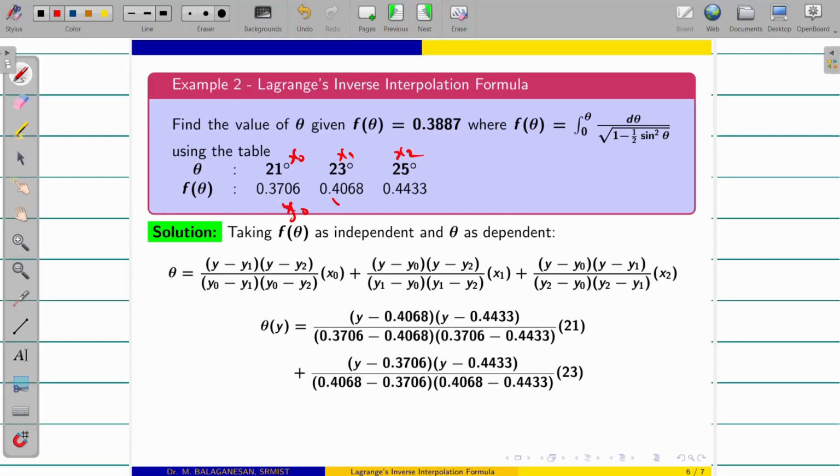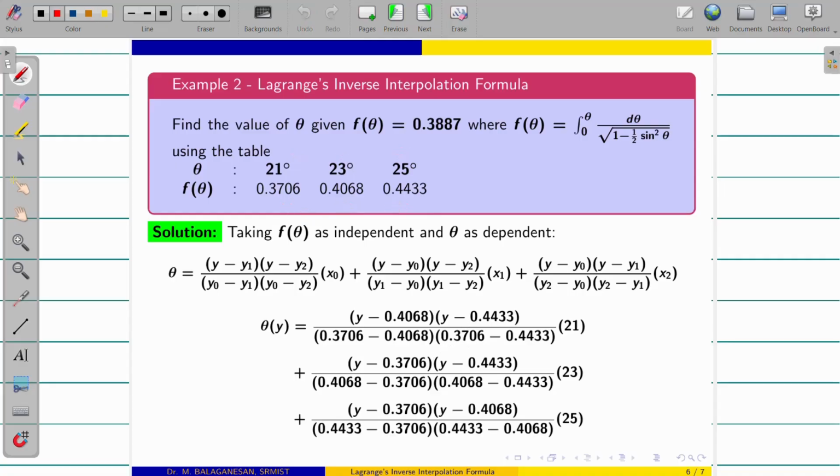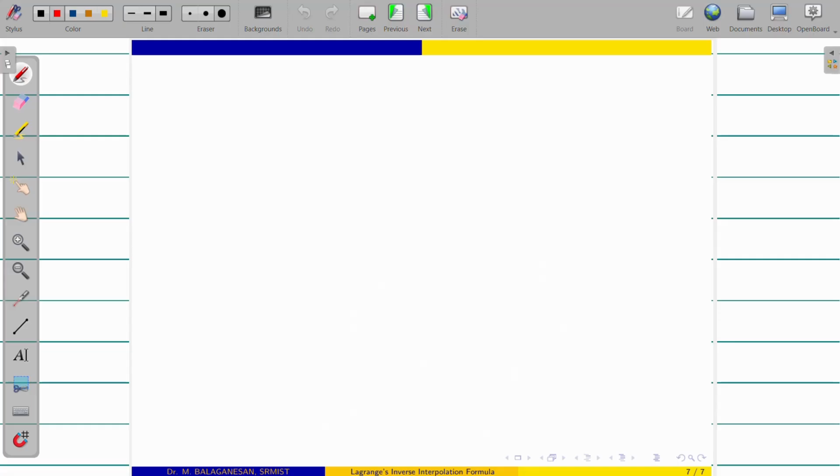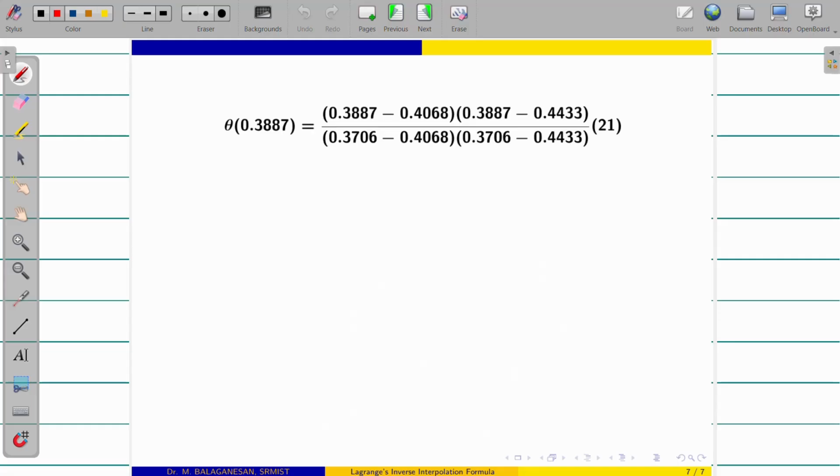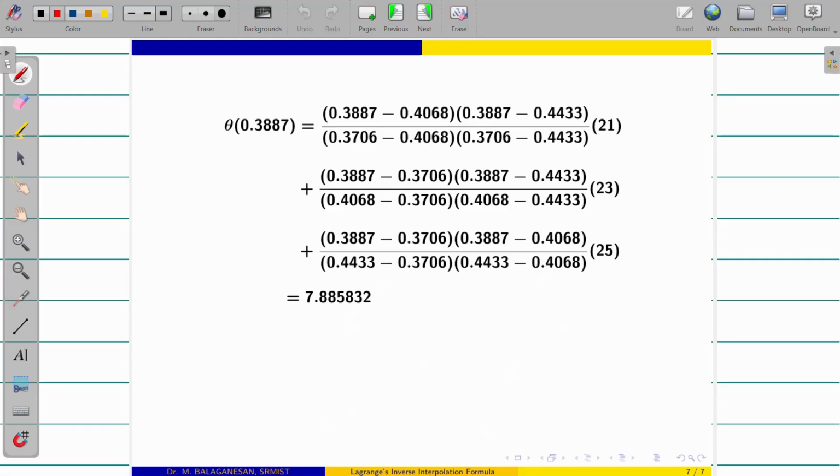Only 3 terms will be substituted. Finally we have to replace y by 0.3887. Yeah, I'm going to replace it here. We can simplify that, then we can get the answer.